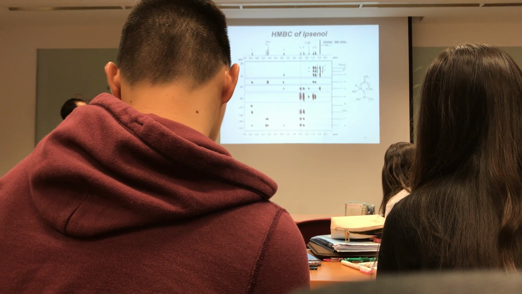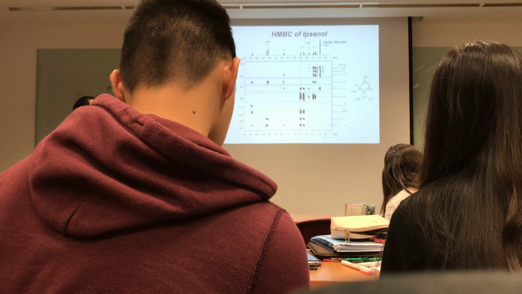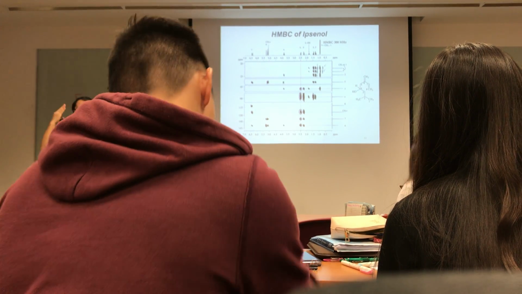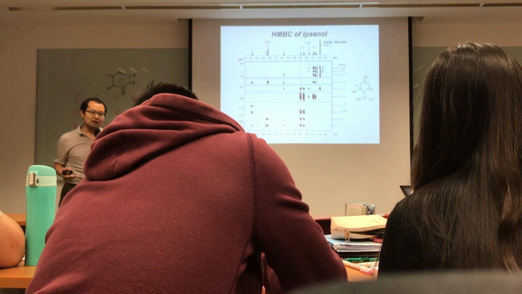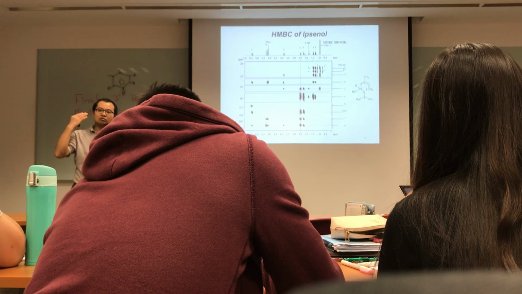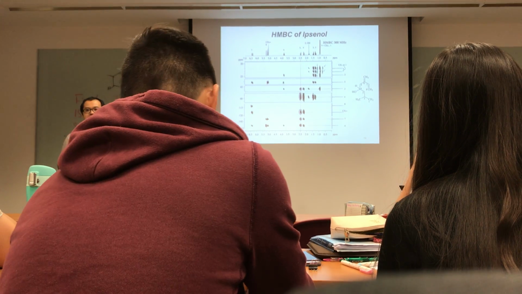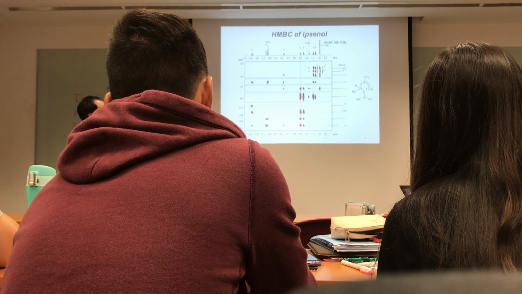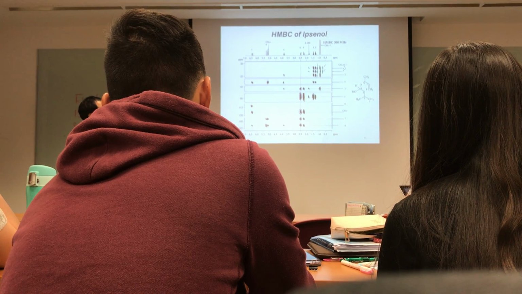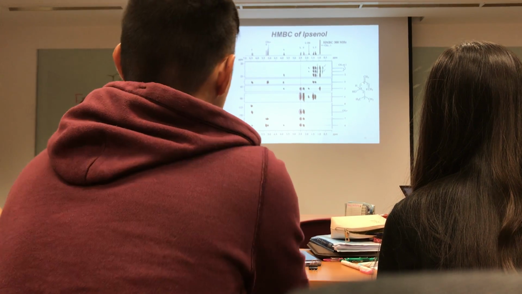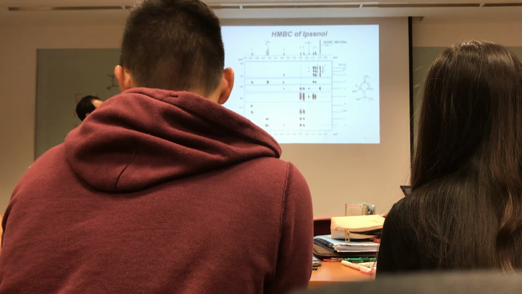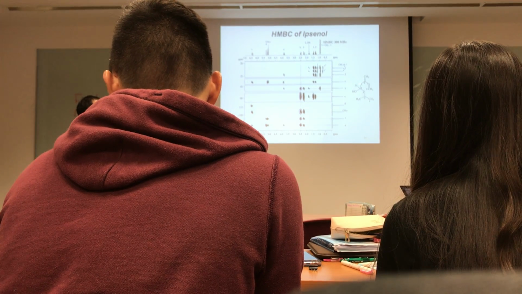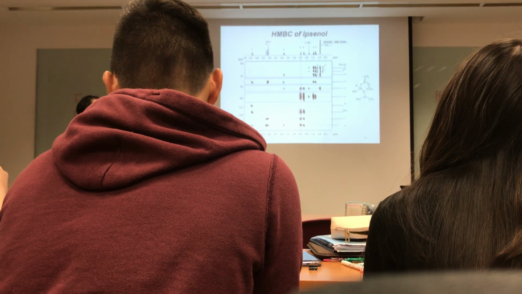Now you look at 5, because here is 5. 5 and 5 prime, they are on the same carbon. They should show the same cross peaks with proton 5 prime, right? Now 5 is here. That means you can see 2 more carbons beside carbon 5, right?